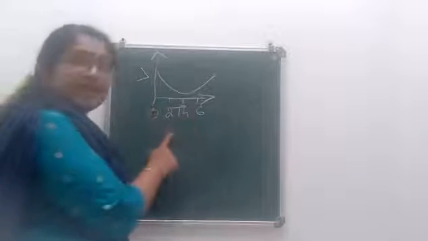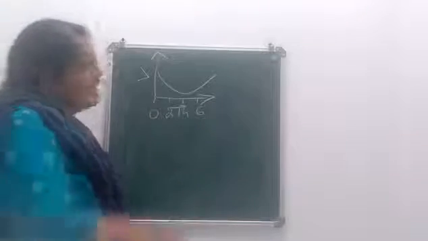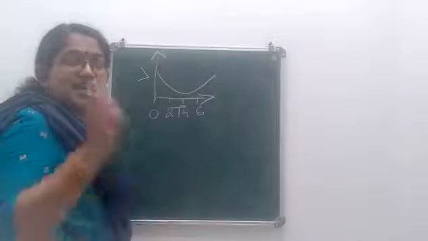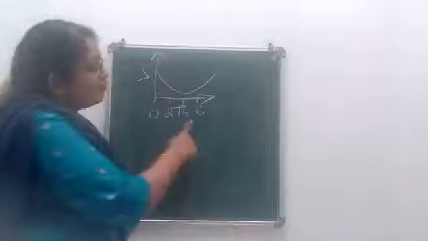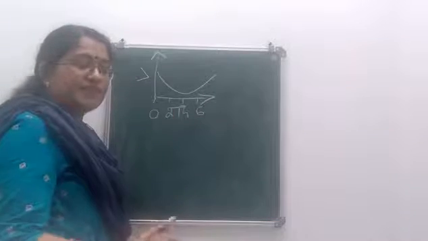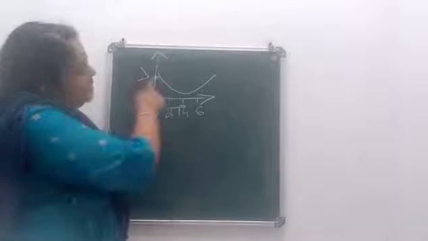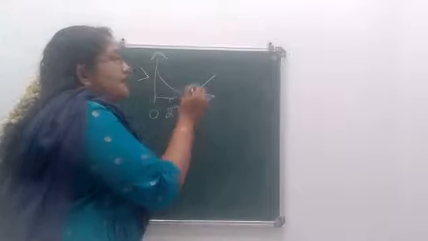Here we have taken temperature in the x-axis and volume in the y-axis. When temperature increases from 0 degrees Celsius, instead of expanding, water contracts till 4 degrees Celsius. So when it contracts means what happens? Molecules are coming closer. That means its volume goes on decreasing, and volume will be minimum at 4 degrees Celsius.